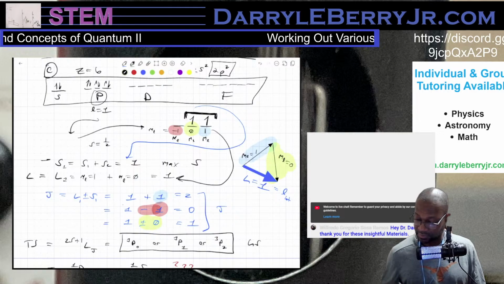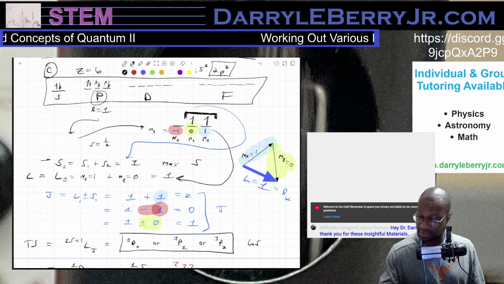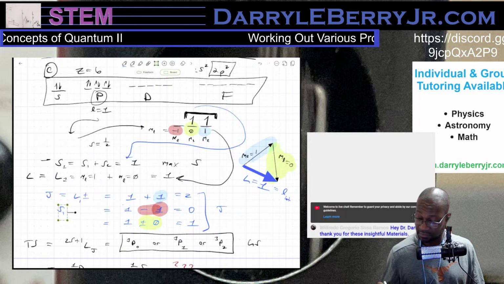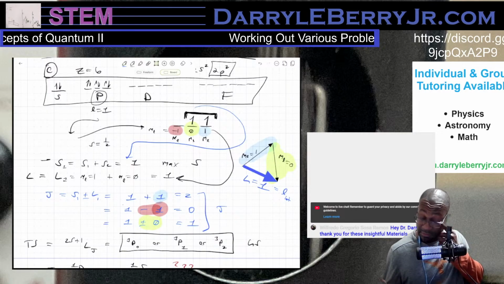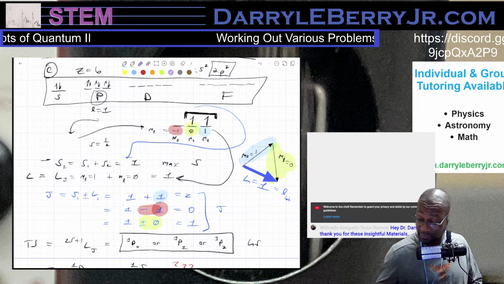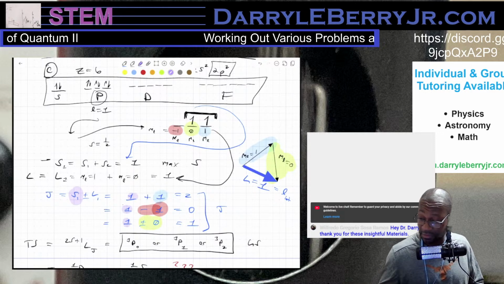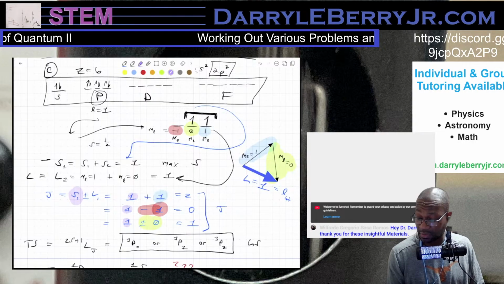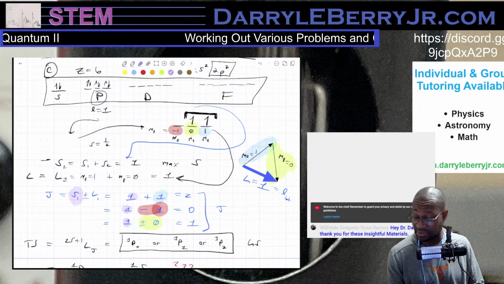So I wrote this in reverse is what I did. I don't think it necessarily matters, but to make sure it matches, spin is on the left, and the spins add up to 1 because, as I said earlier, these two electrons want to align in the same direction, like how compasses align.